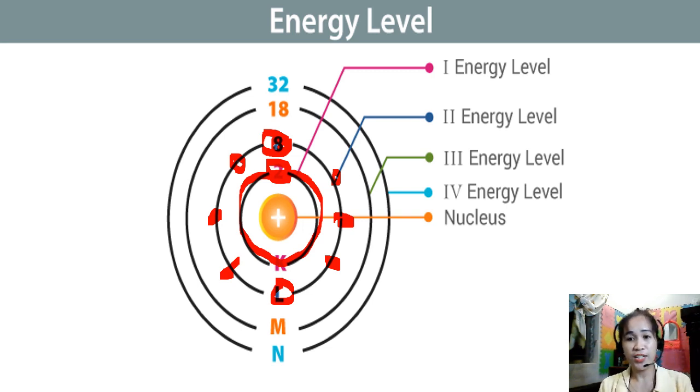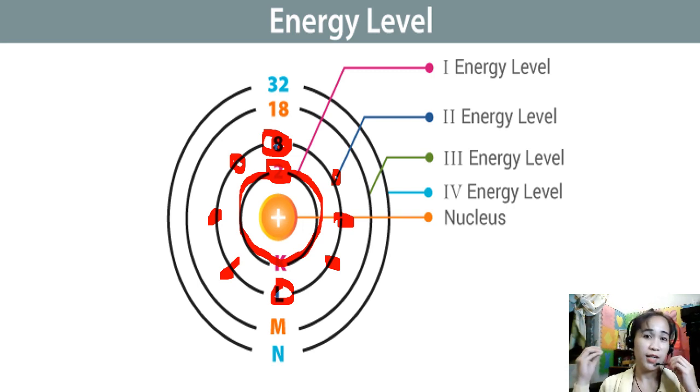And the third energy level can hold 18 electrons. And the fourth energy level can hold 32 electrons. So take note, this is the energy level of an atom and it is also called the electron shells.